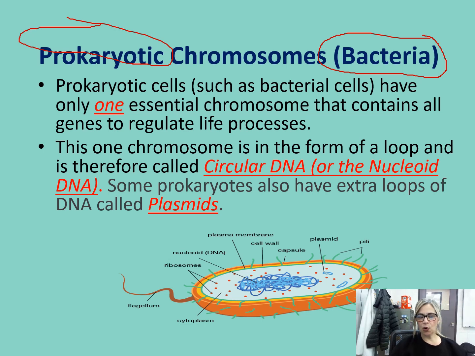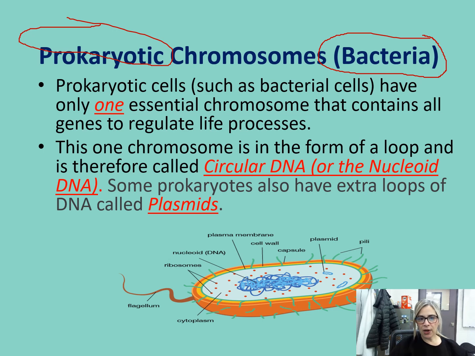Eukaryotic organisms, that would be the kingdom Plantae, the kingdom Protista, the kingdom Animalia, most of the kingdom fungi, are going to have that membrane-bound nucleus that holds their genetic material inside that nuclear envelope. They also have membrane-bound organelles like mitochondria and Golgi apparatus, etc.